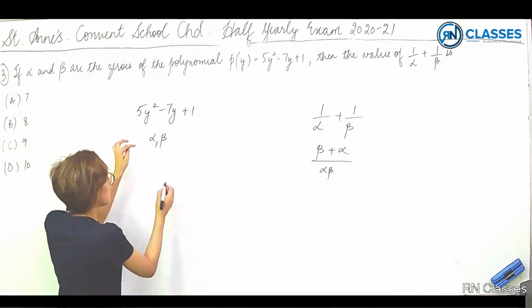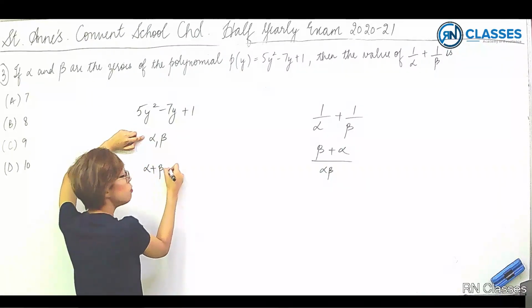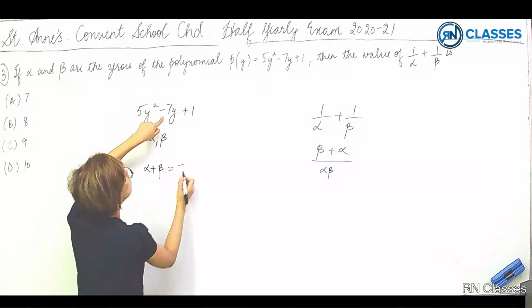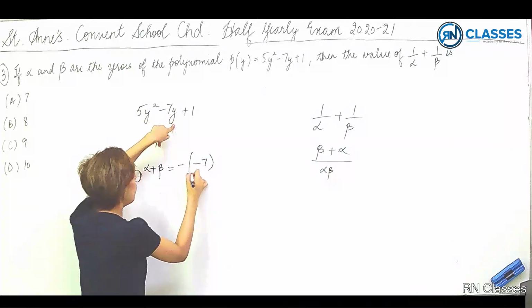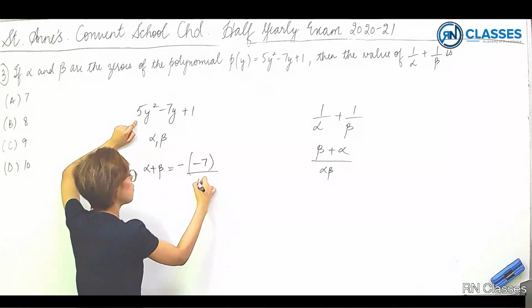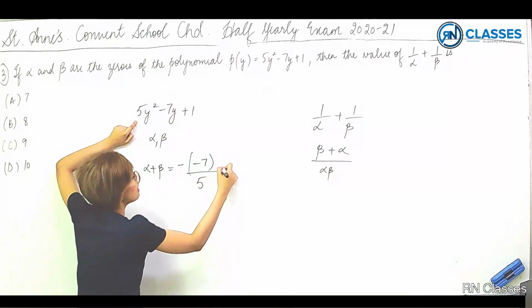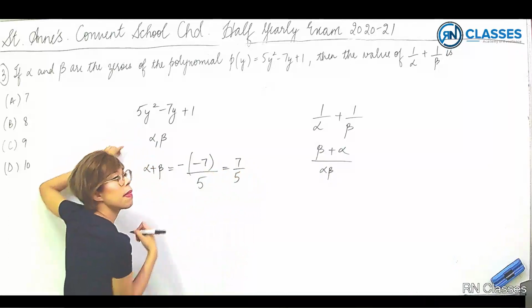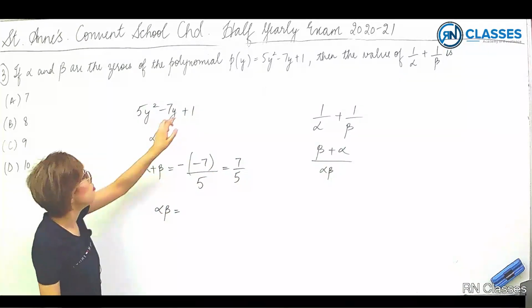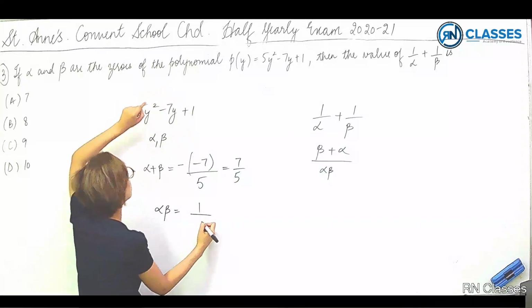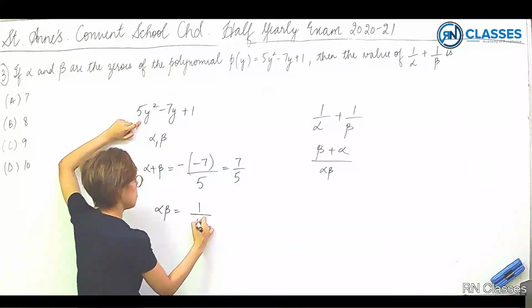So sum of zeros as in alpha plus beta is equal to negative of b, which is coefficient of y, so minus 7, over coefficient of y square, which is 5. Right? Or I can say this is equal to 7 by 5. Then product of zeros as in alpha beta is equal to constant term, which is 1, divided by coefficient of y square, which is 5.